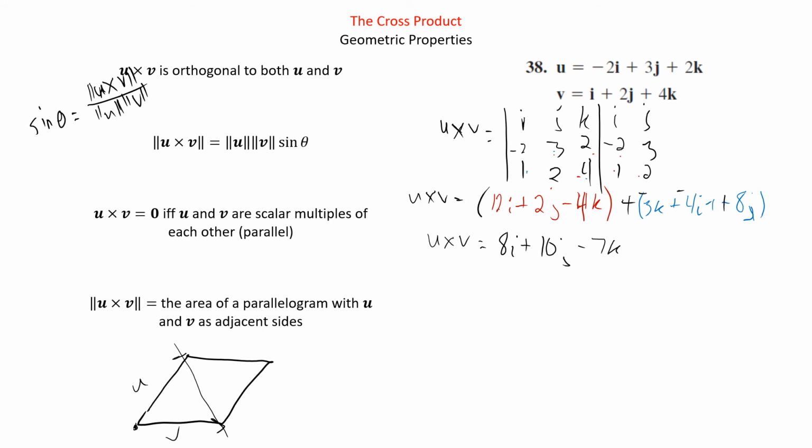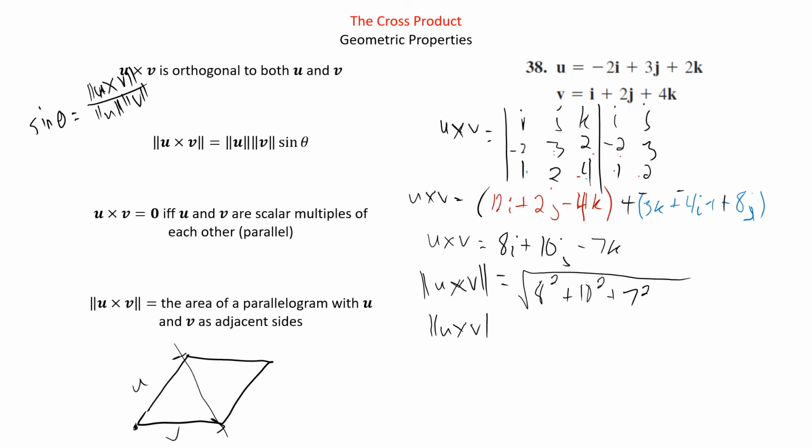Now we need to find the magnitude of U cross V. So the magnitude here, we're going to take the square root, and then we're going to square all these and add them together, just like we did last time. So we'll have 8 squared plus 10 squared plus 7 squared. Remember that negative sign doesn't matter. We're squaring it, so it's going to be positive.